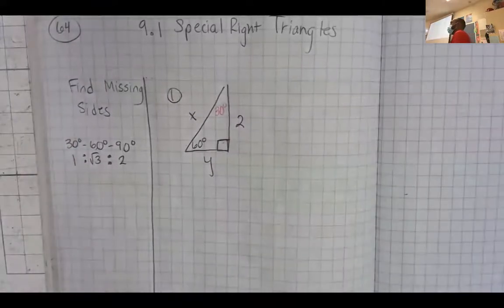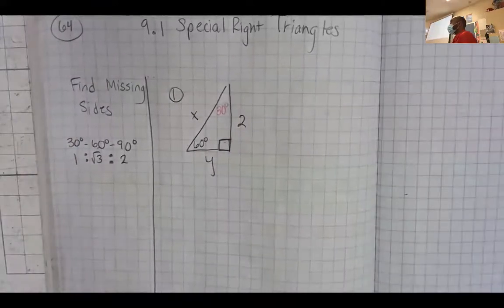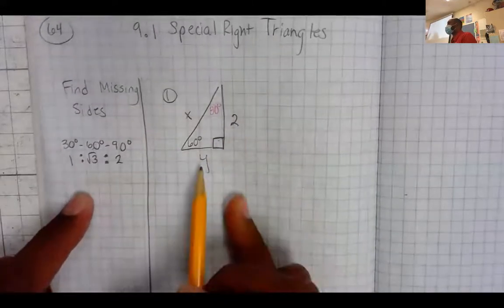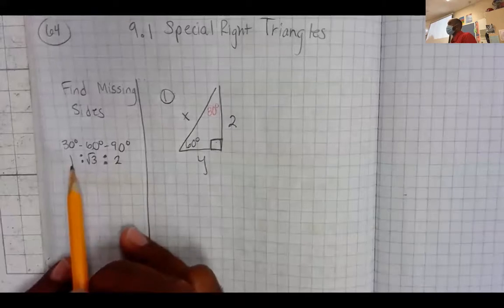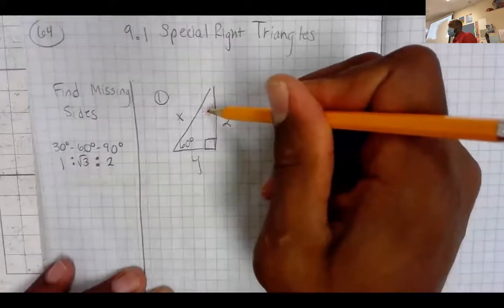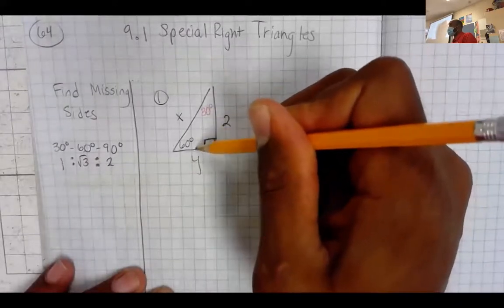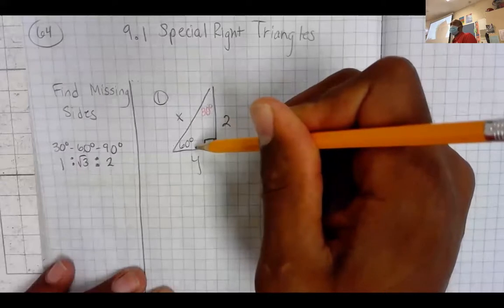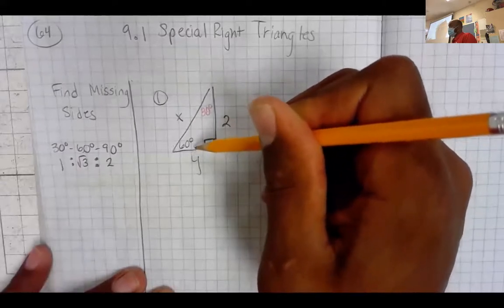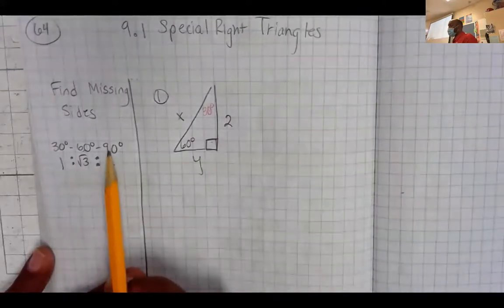What does that mean? Well, first of all, for this triangle, which one is across from 30? Y. You look at the angle and then look straight across, or the opposite side of that angle. That's the one that's associated with that. And then which one is across from 90?